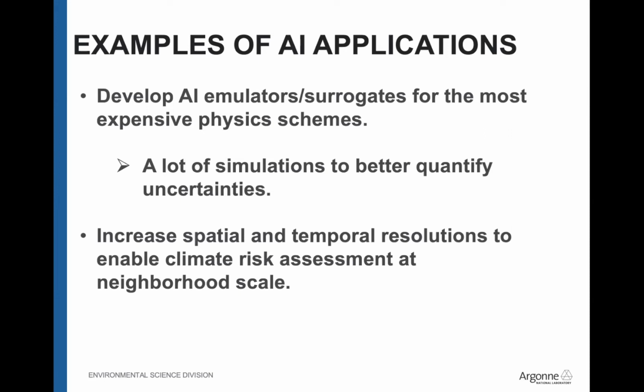And we can also do higher resolutions by outputting very frequent data and at high spatial resolution as well, to do some climate risk assessment. That's what we do a lot at our division, to provide the climate change risks at the neighborhood scale or infrastructure scale.